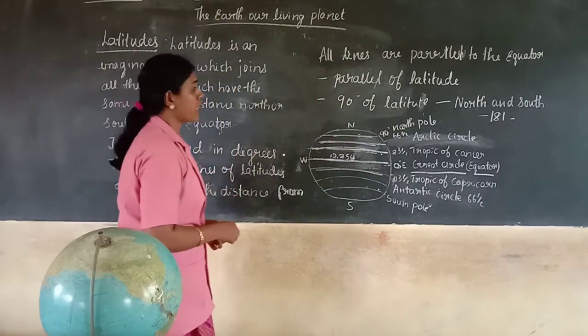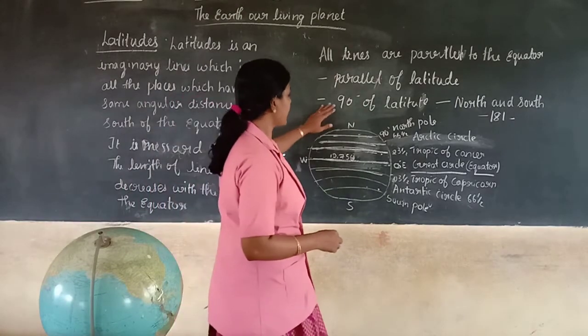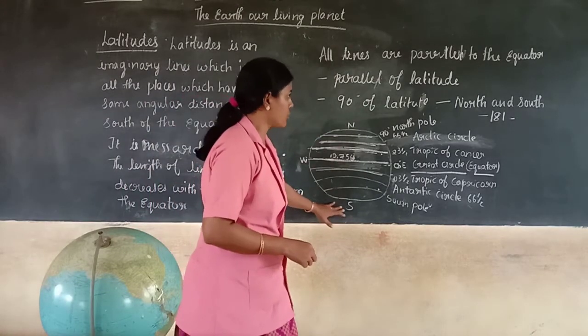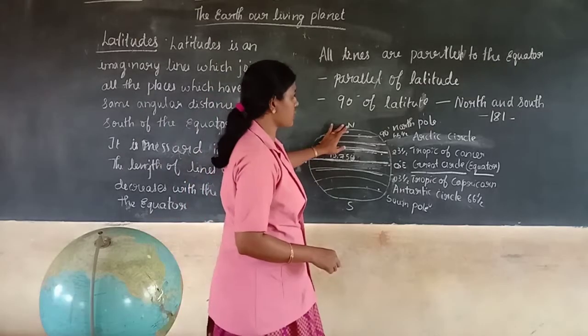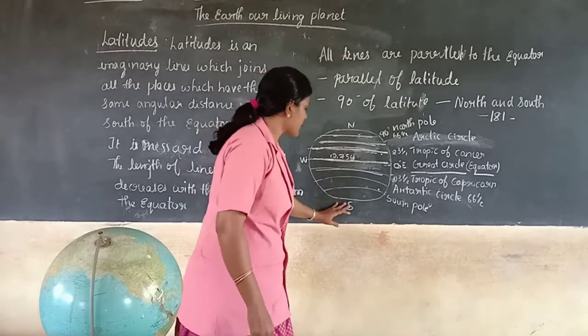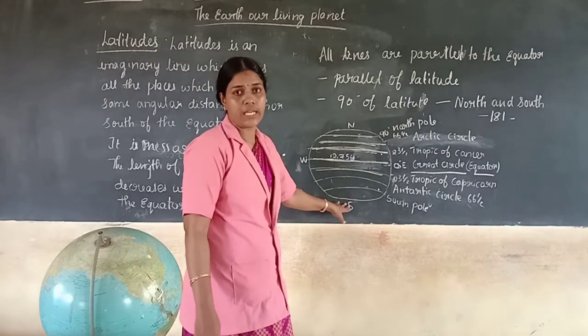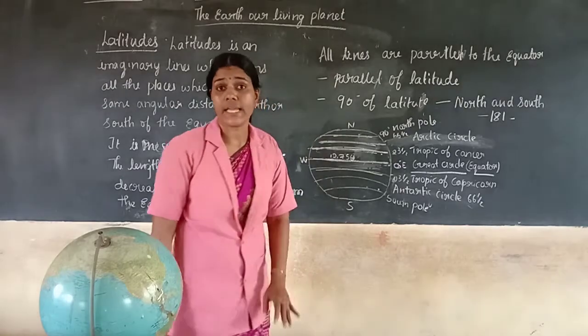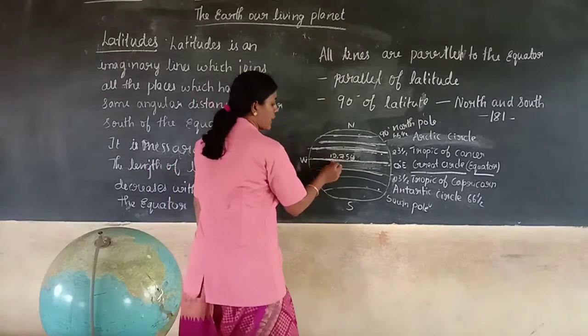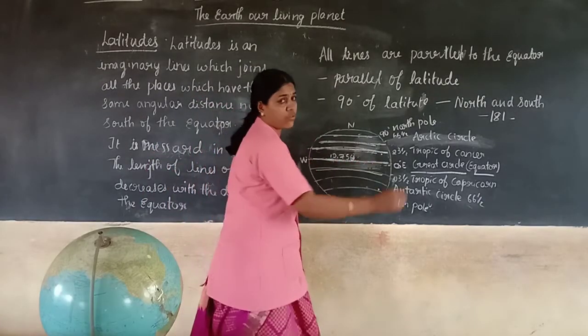Next, important. In the north there are 90 degrees of latitude and in the south also 90 degrees of latitude. Total north and south 180 degrees plus one equator line.